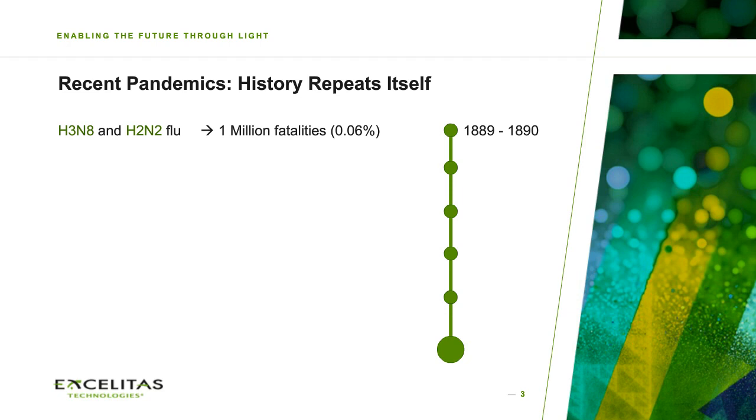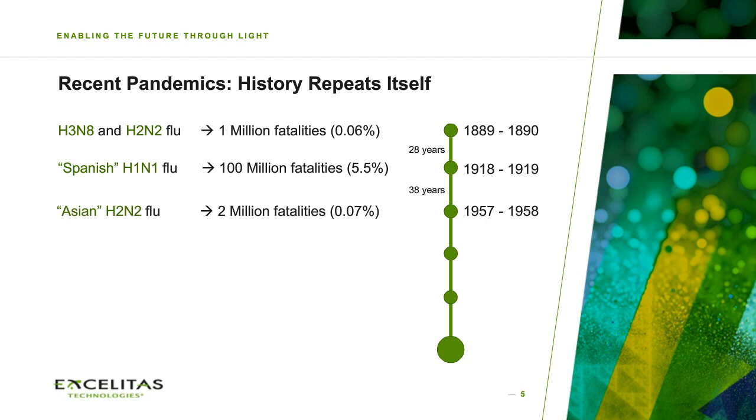We had this H3N8 flu in 1889 till 1890, 1 million fatalities, so over 6% of humanity died because of this flu. Then we had a very severe one, the Spanish H1N1 flu, 100 million people died, 5.5% of the population. It was only 28 years later after the first one.